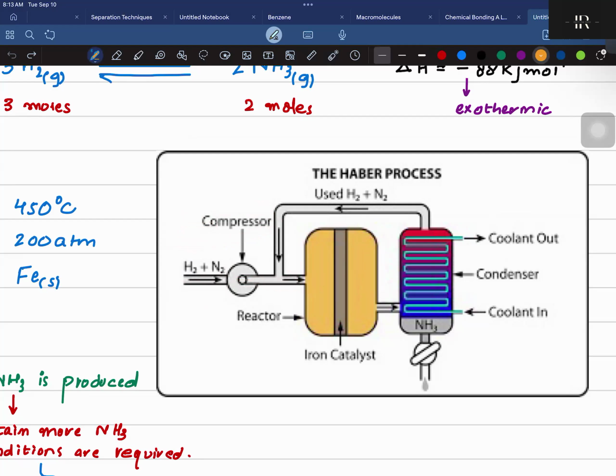This is also known as a reactor, also known as a reaction vessel, in which you will see that nitrogen gas and hydrogen gas react together to form ammonia.